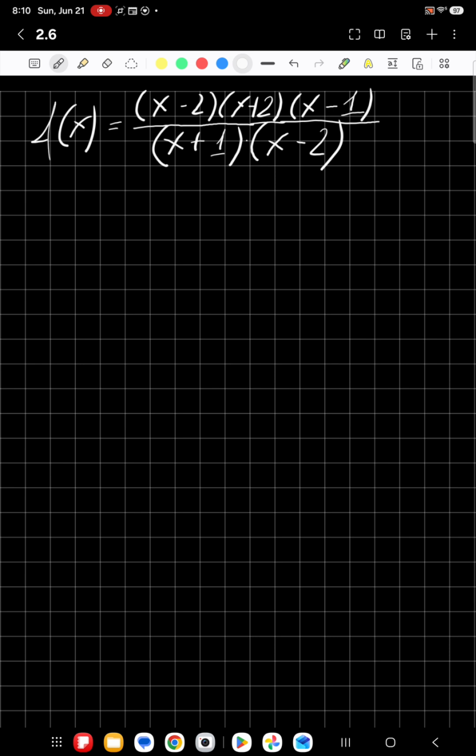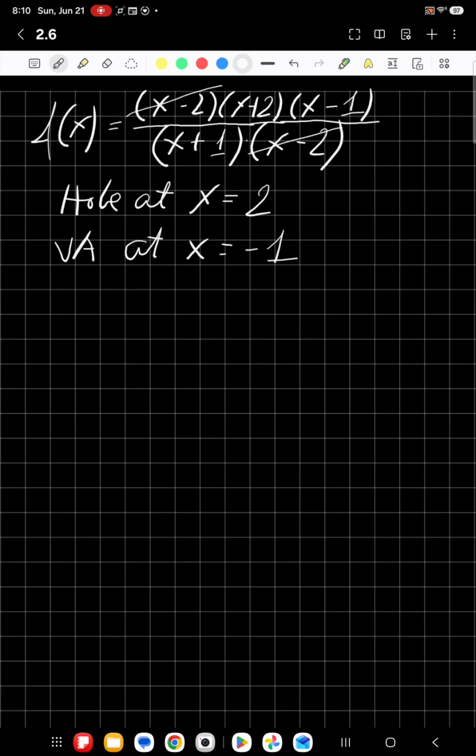Okay, so you see that we can cancel these two factors so that the function will have a hole at x equals 2. And when we cancel a factor, that gives us a hole, and a vertical asymptote at x equals negative 1. So I got that hole from these two factors that I canceled, and the asymptote from the factor that didn't cancel. Okay.